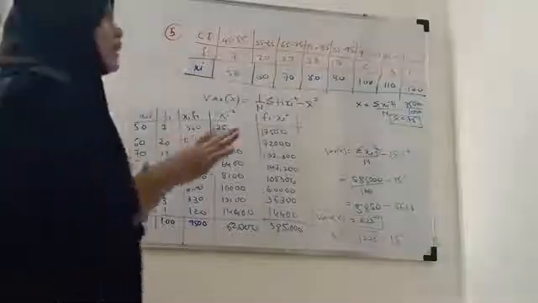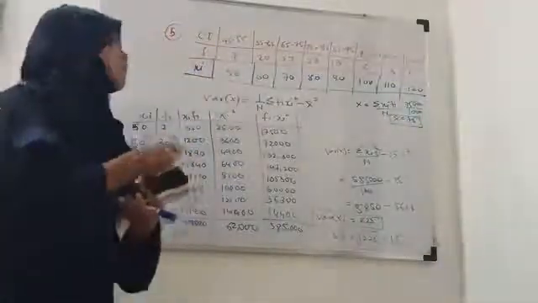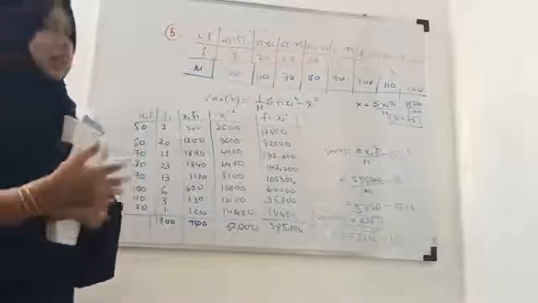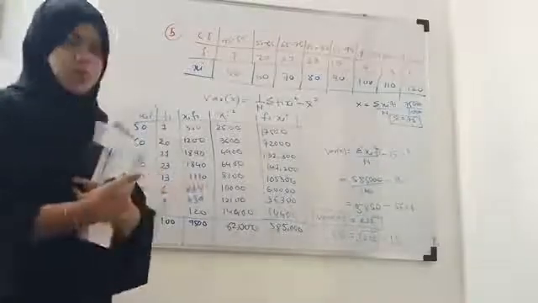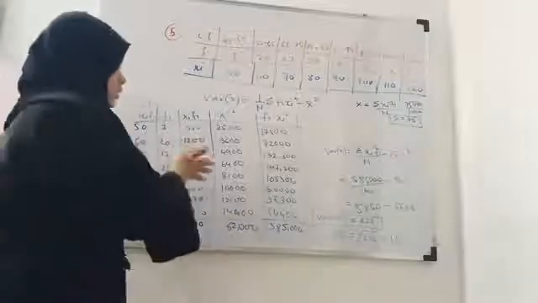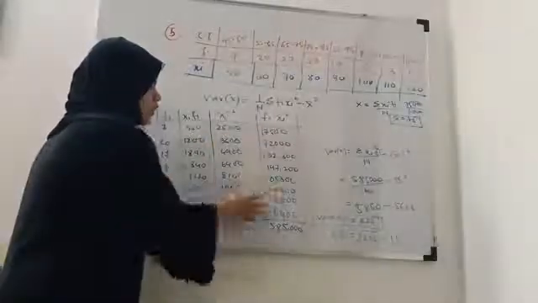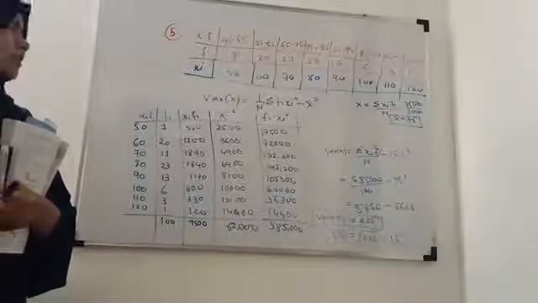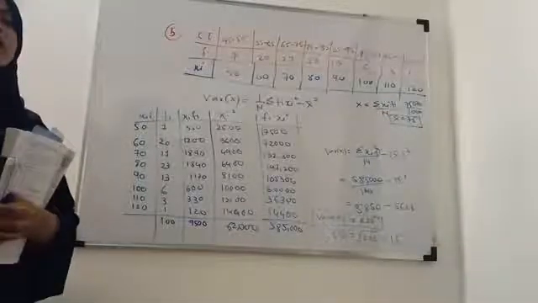But we have one method which is called change of origin and scale, that is the assumed mean method, that we will see later on, after this problem. Here you can see the observations are large in magnitude, and it will be time consuming to do the calculation.